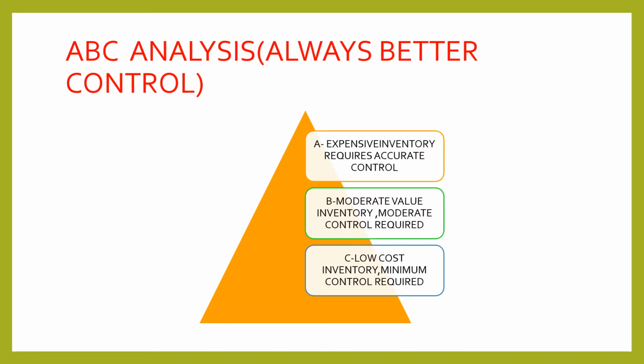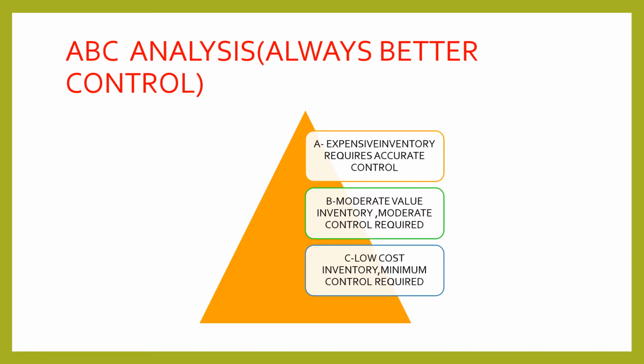And we have seen that A are the most expensive inventory and it requires accurate control, and through this A inventory a huge amount of profit comes, as these are the costliest part, maybe the engine of a car. That is one of the most expensive parts of a car that requires accurate control, whether the engines are there in the stock or not.